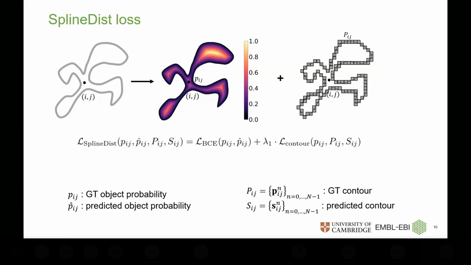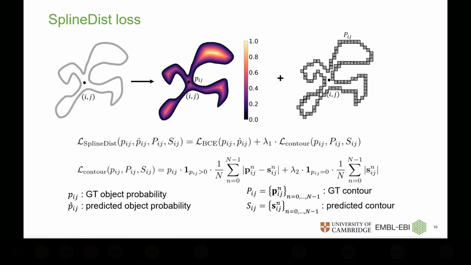Like StarDist, the loss is composed of two parts. First, like StarDist, it also constructs an object probability, and we perform a binary cross entropy loss over that. The second part of the loss compares the ground truth discrete contour and the predicted contour that we get out of discretizing the continuous representation from the control points.